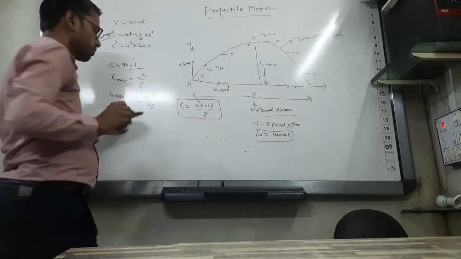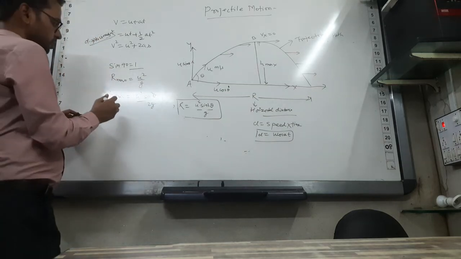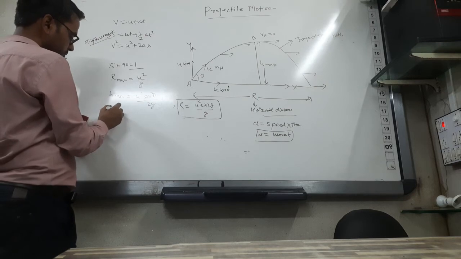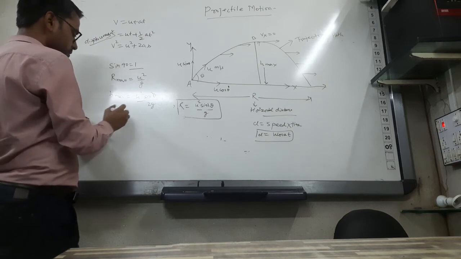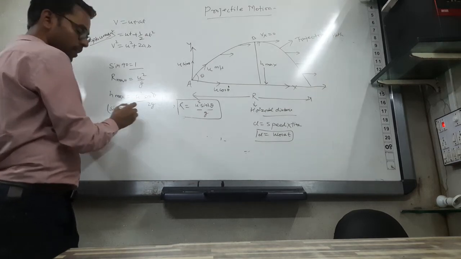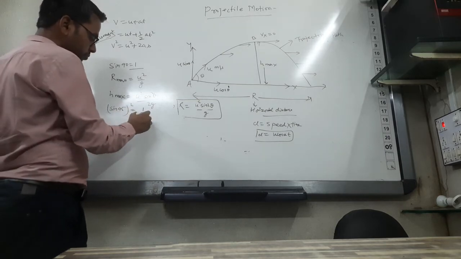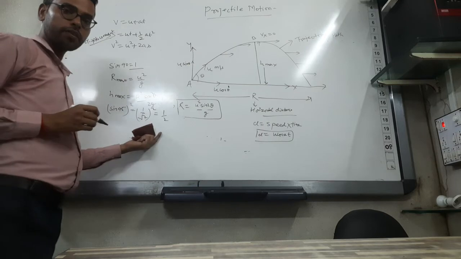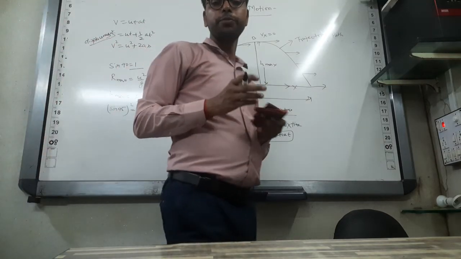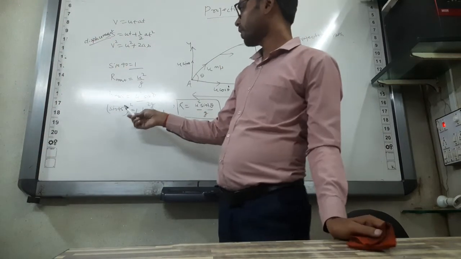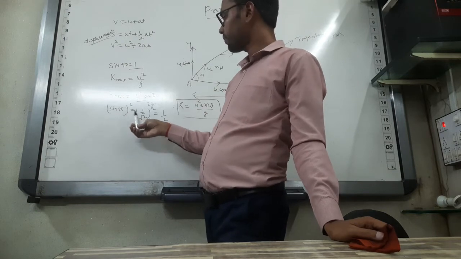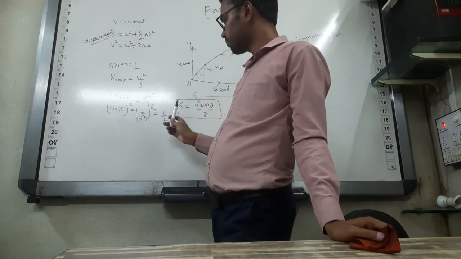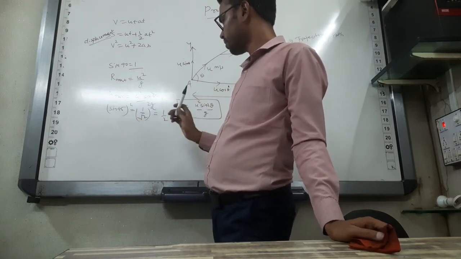Sin square theta means sin 45 squared. If we put theta equal to 45 degrees, then sin 45 equals 1 by root 2, and squaring 1 by root 2, we get half.